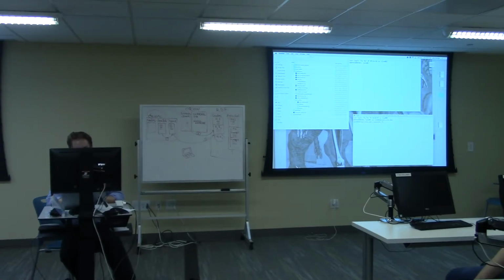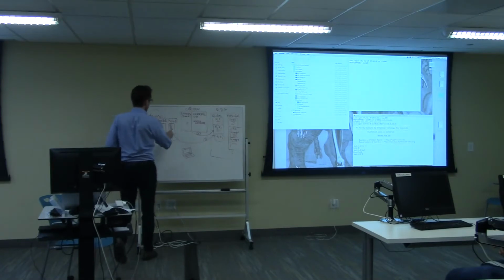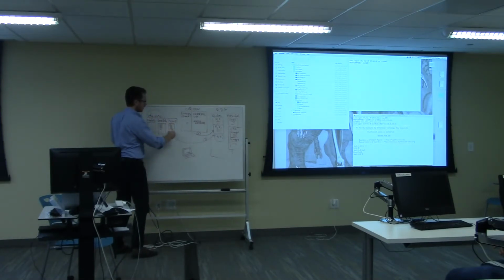The way that supercomputing works is not structurally dissimilar. So this is my home directory on Da Vinci, right? This is my home directory on the supercomputer. Right now there's nothing in here.